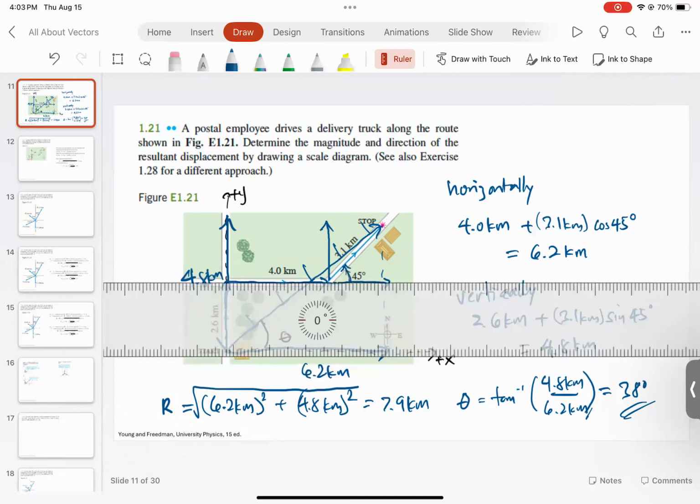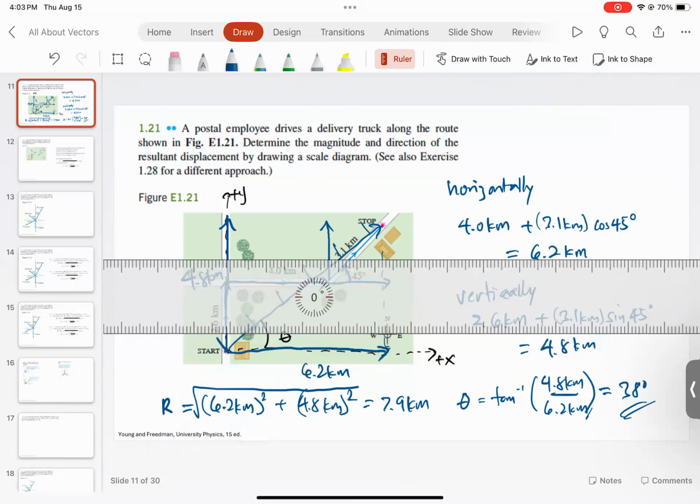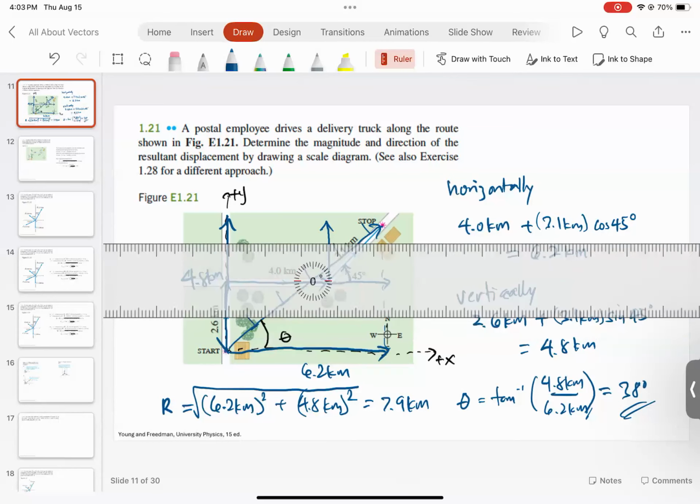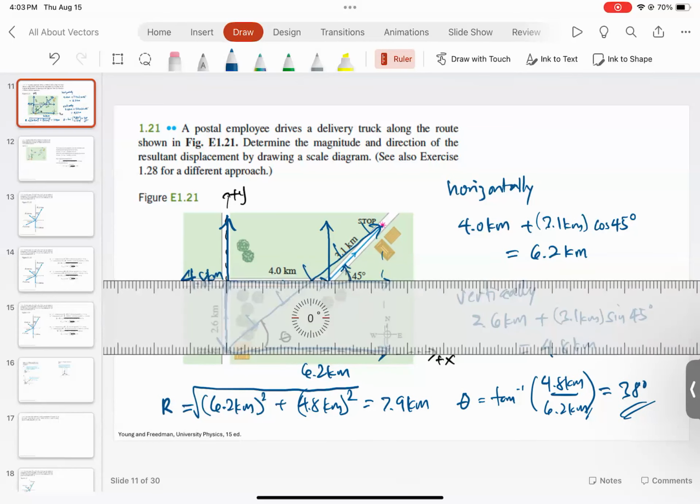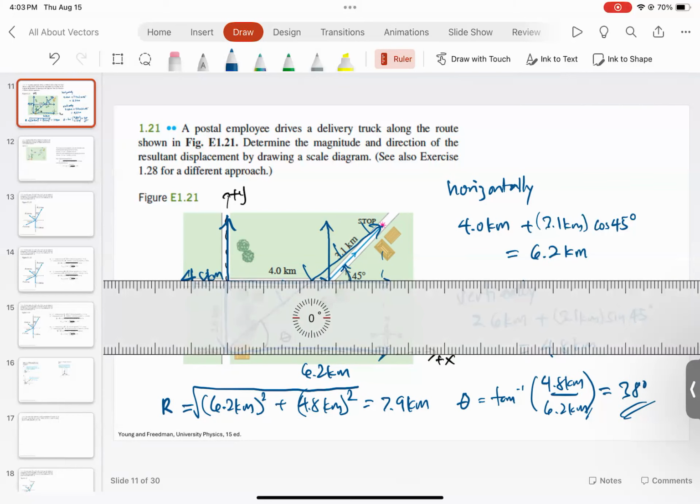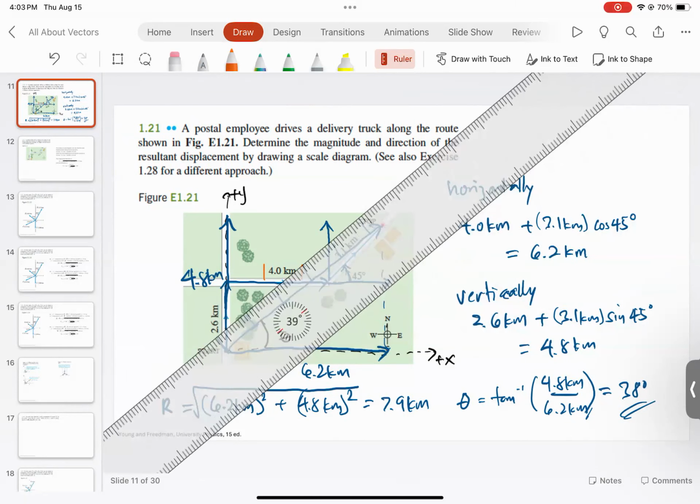Okay, so if I put it in starting position natin, ito na lang gamitin natin, yung 4 kilometers. So 4 kilometers is so 1, 2, 2 point, dito ako dun. 38, okay.